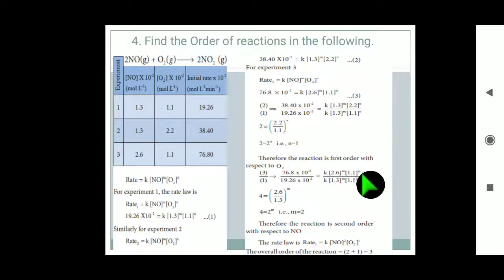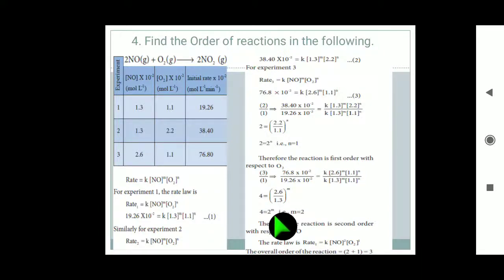So 1.1 and 1.1 will cancel, and k cancels. We have 2.6 divided by 1.3 power m. 76.8 divided by 19.26, we can get 4.